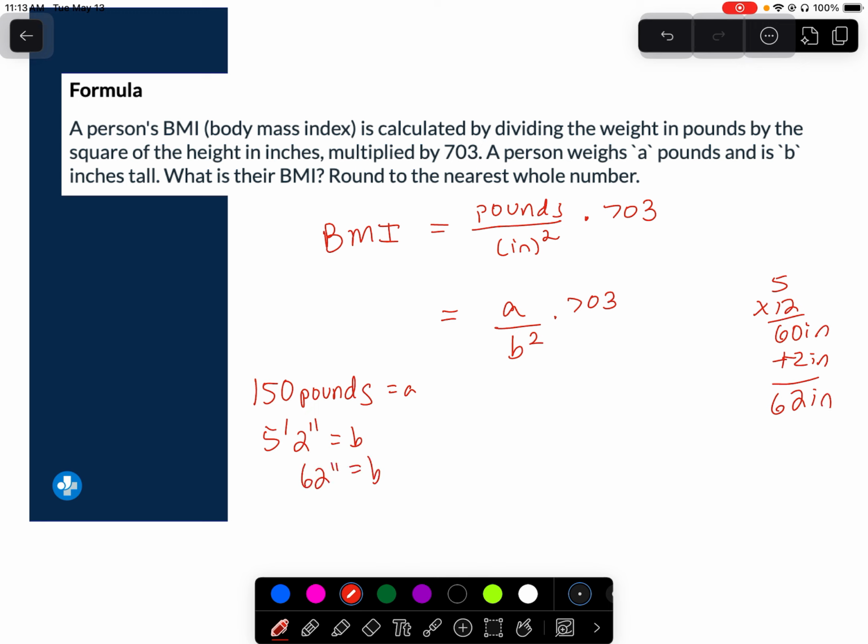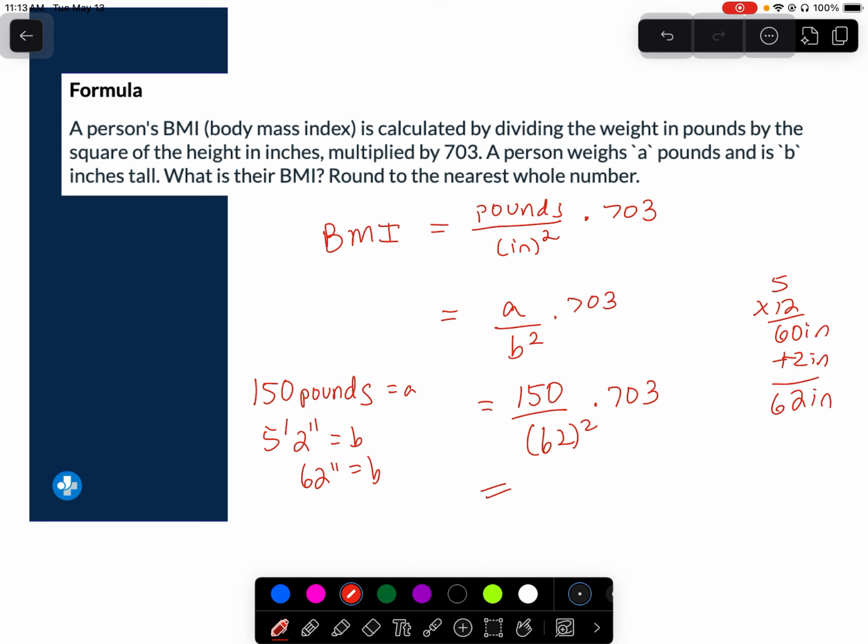So now we know the A and the B. Let's stick it into our formula we've created. So 150 divided by 62 squared times 703. So if we throw that into a calculator, remember they said to round to the nearest whole number, so don't round until you're done.